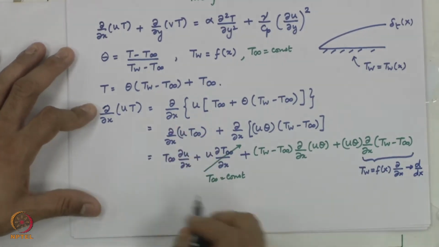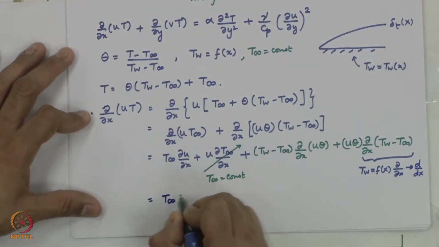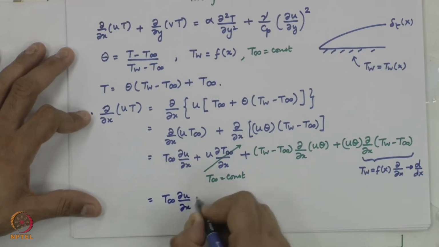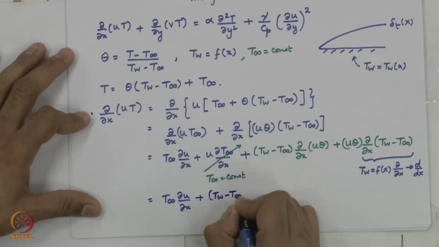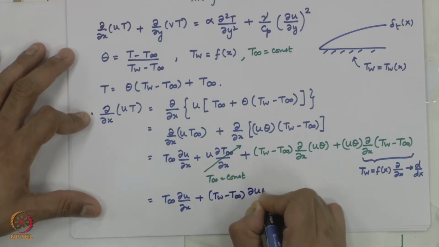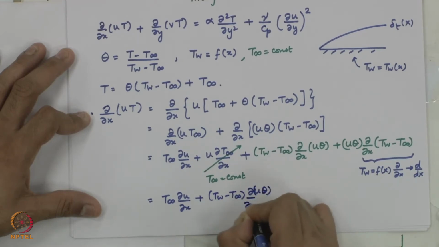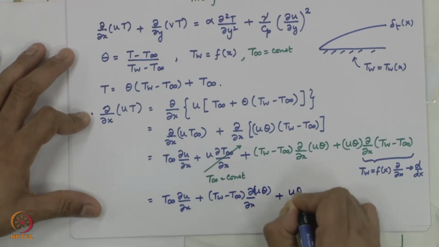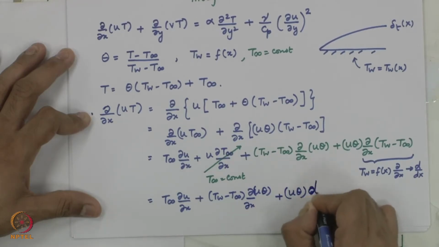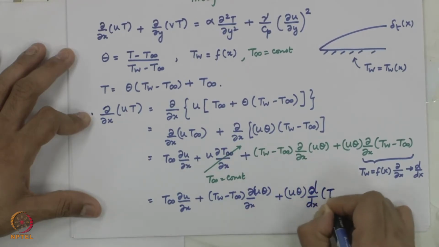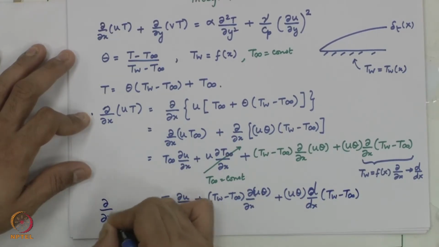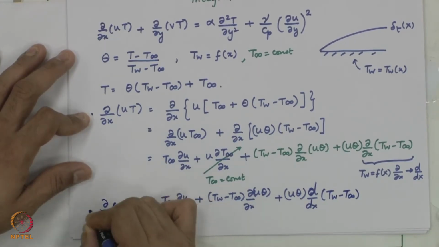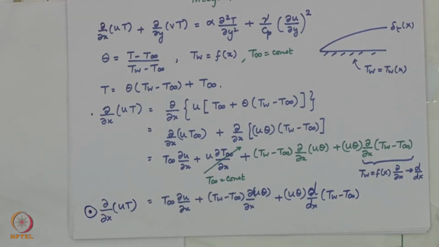So, this term becomes T infinity du by dx plus (T wall minus T infinity) d(u theta) by dx plus u theta d by dx of (T wall minus T infinity). This is d by dx of uT. This is the first term on the left hand side.